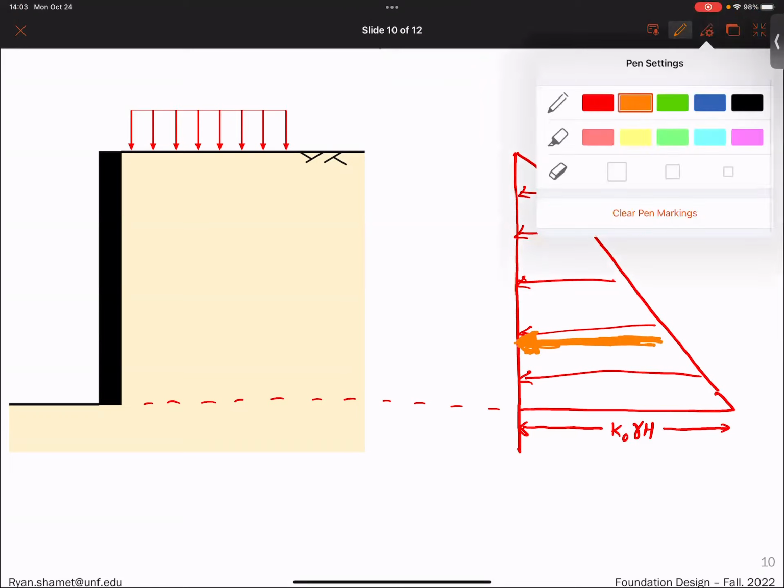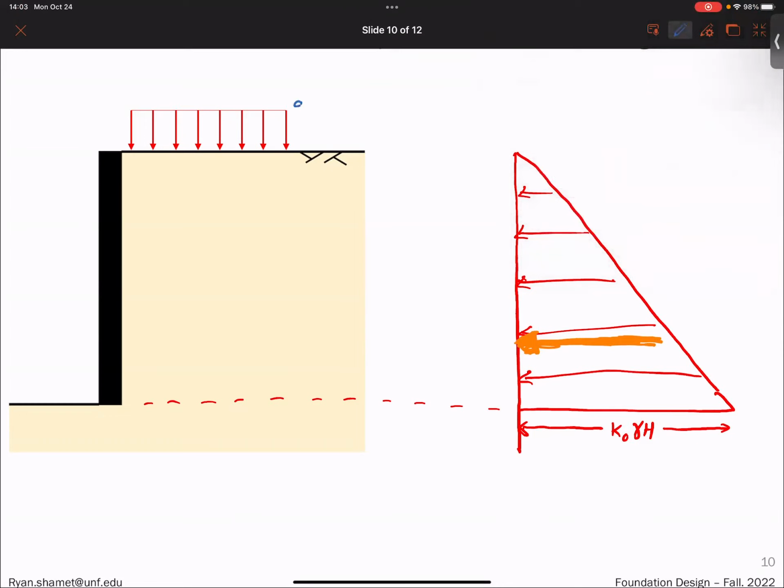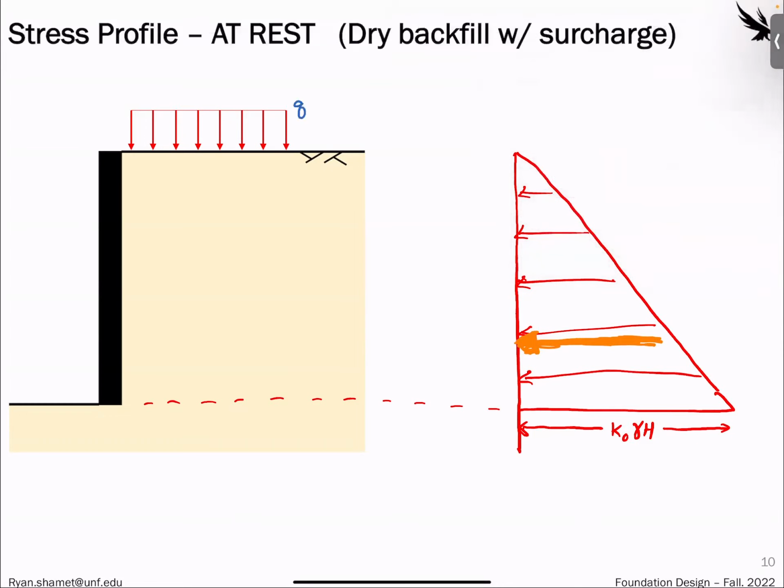But if we have a surcharge, let's just call this surcharge a force or stress Q. For example, if it's a roadway surcharge, you usually use 150 psf for Q. There are different standards that you'll come across based off of this.